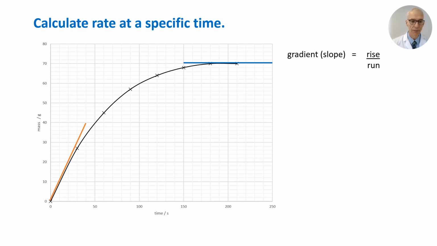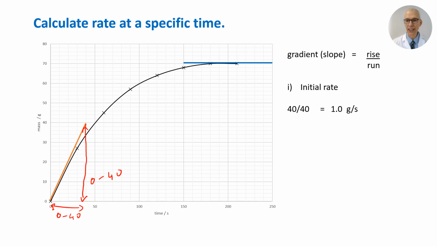So to do that, I simply have a look at the rise, which is from 0 to 40, and the run, as it happens, is also 0 to 40. So my initial rate, in other words, at time 0, is 40 divided by 40, which is 1 gram per second.